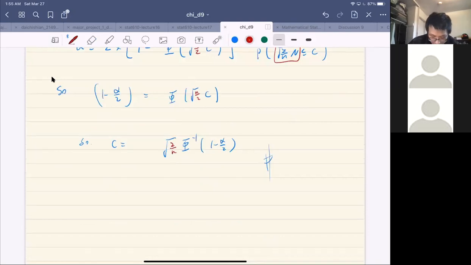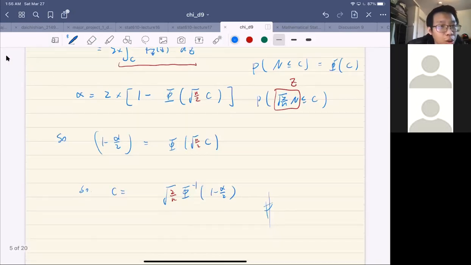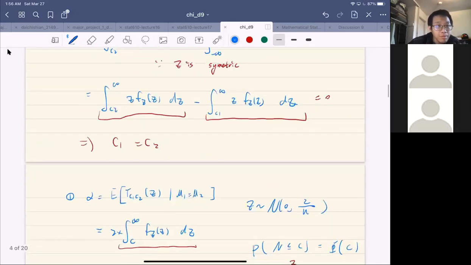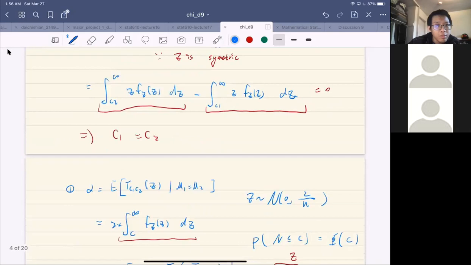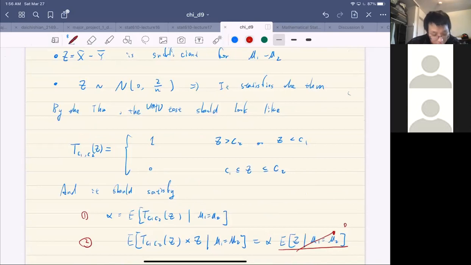Then let's see. If C1 equals C2, we reject for all x except C. That's a great question. You say if C equals C1, which has probability? Yes, that's true. So Z is a continuous distribution, so we don't have to care about the equality.